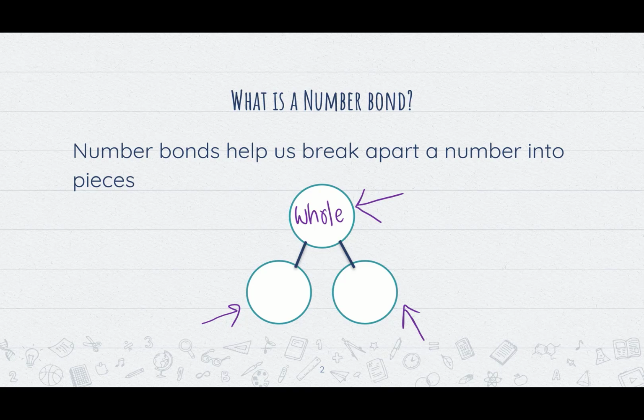And I'm going to show you what that means in a little bit. But this is called the whole. And these two bottom parts, they're called the parts. So for each number bond, it has one whole and two parts.